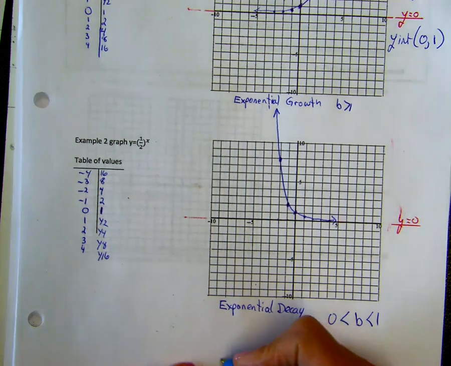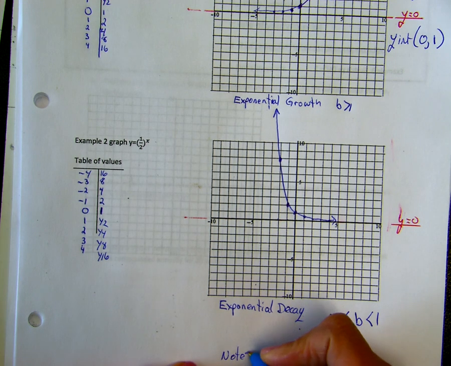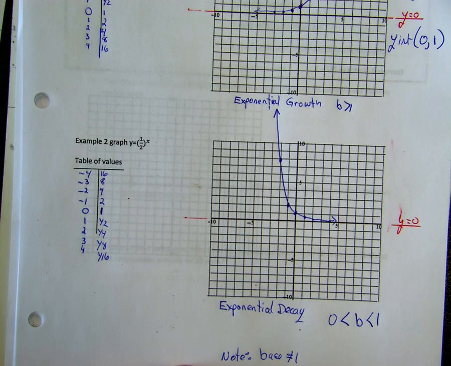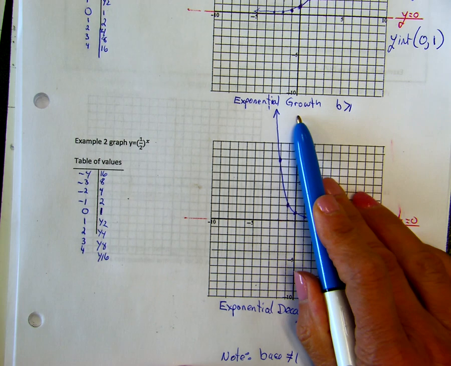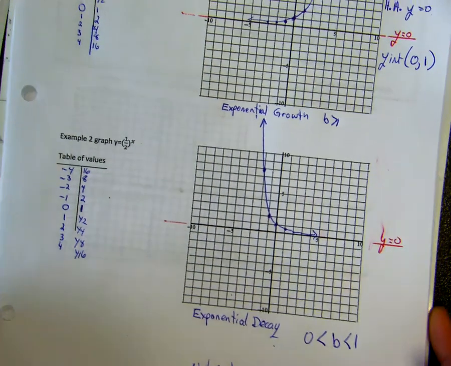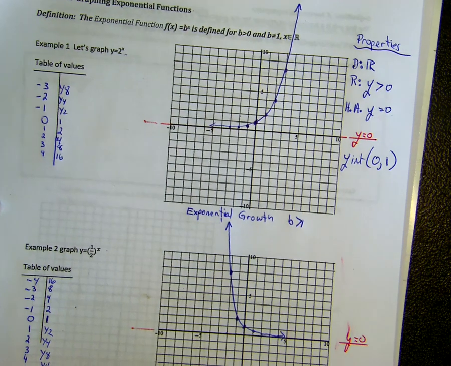Okay, just a little note. The base is never going to equal 1. We either say it's bigger than 1, you have exponential growth, or between 0 and 1, you have exponential decay. We never let it equal 1. Okay, here are the key properties for both of these exponential graphs.